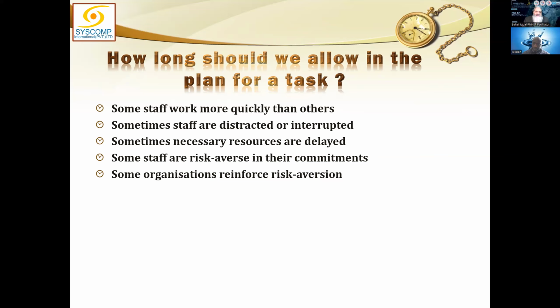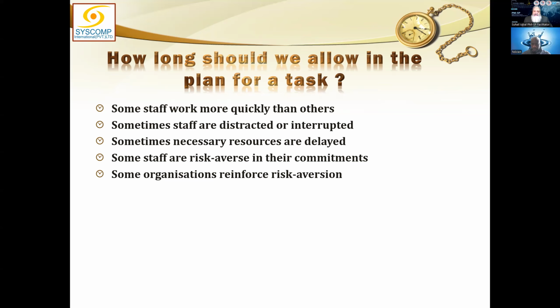Sometimes staff are distracted and interrupted. Don't we have to deal with this situation? If the staff is distracted, maybe due to overload of work, we can reduce their overload. We should not interrupt them when they're doing something. When we interrupt them, we actually waste their time and they are unable to complete their work in time.